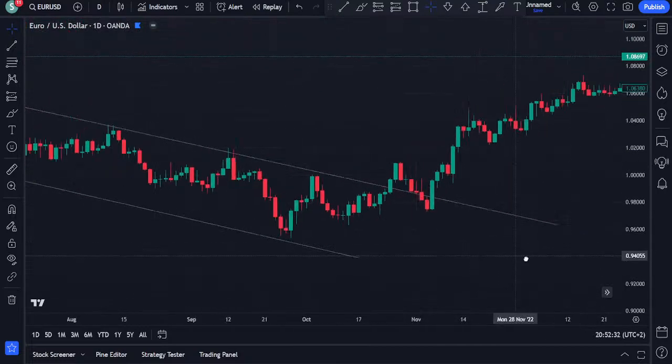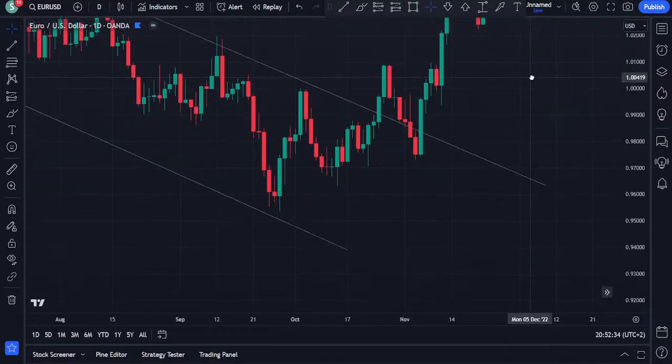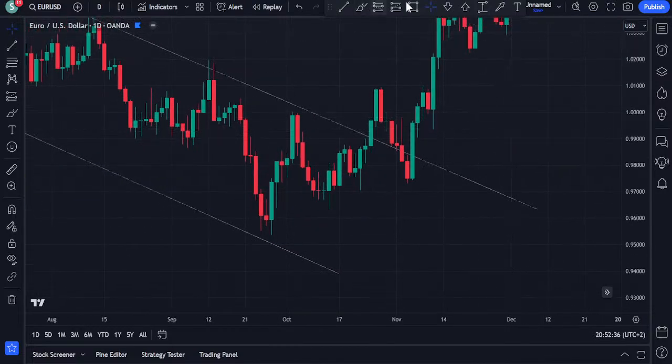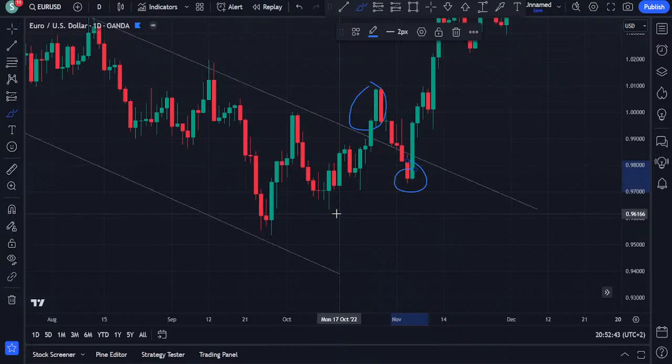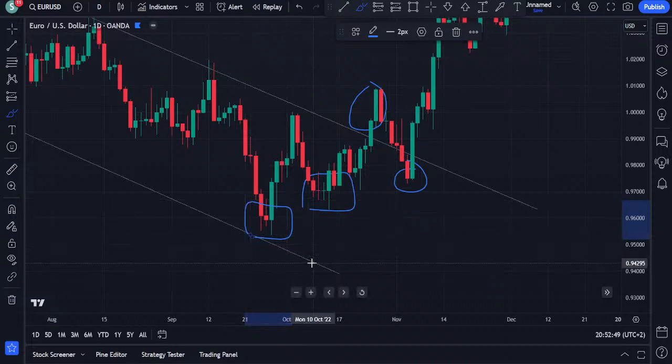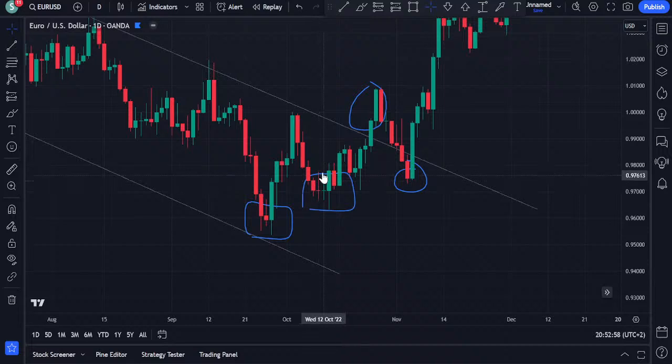If we are to enter long on the retrace, have a look at this. We go out and we are back in here. Here is something, and also here is something. How convenient for us that some kind of a block is formed here.